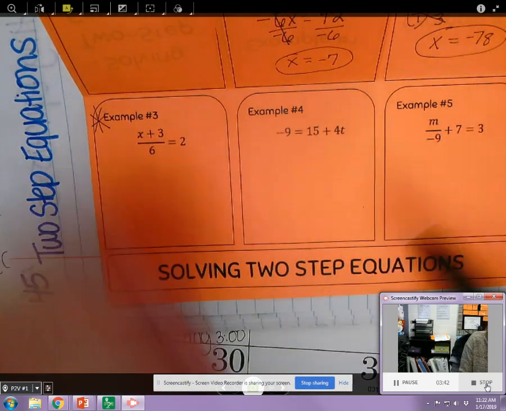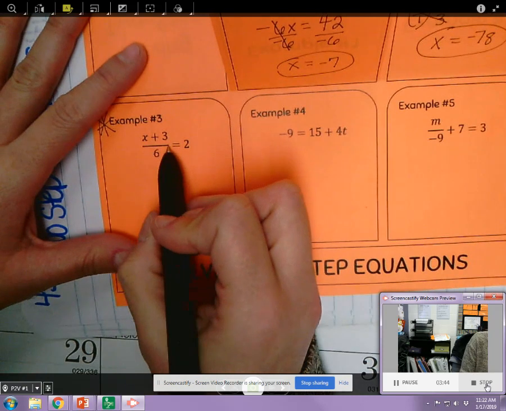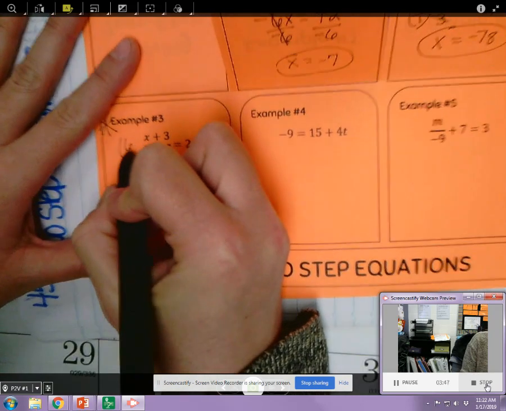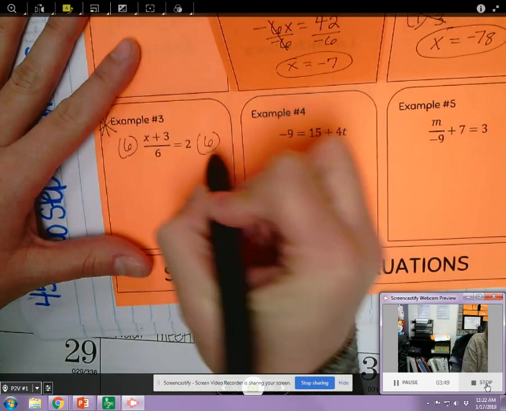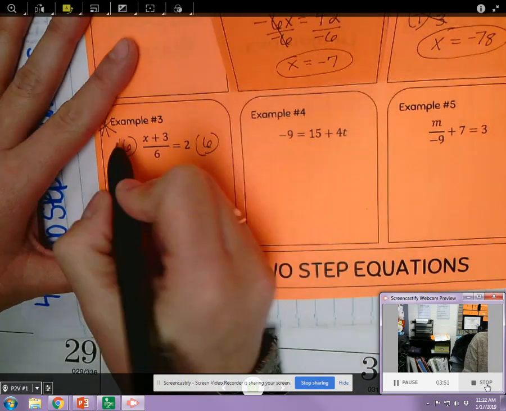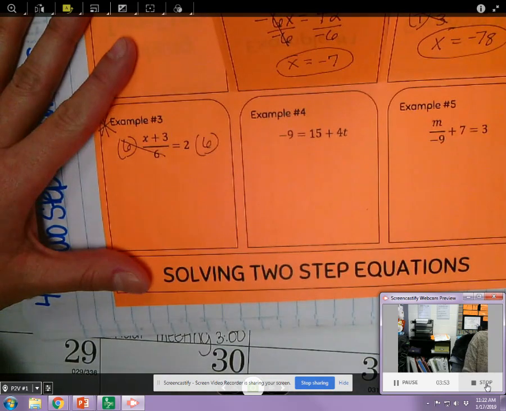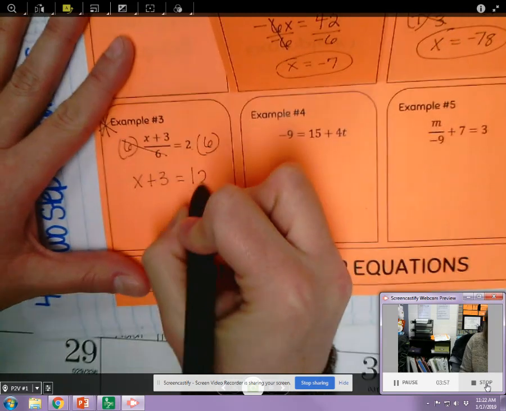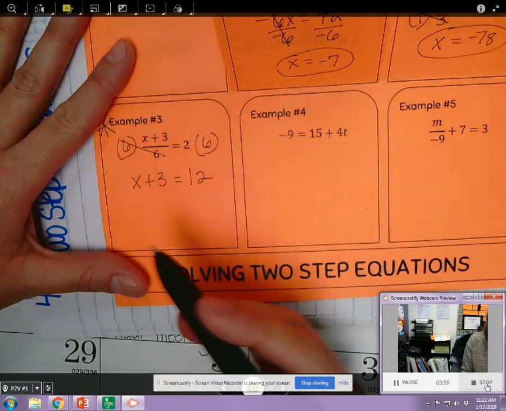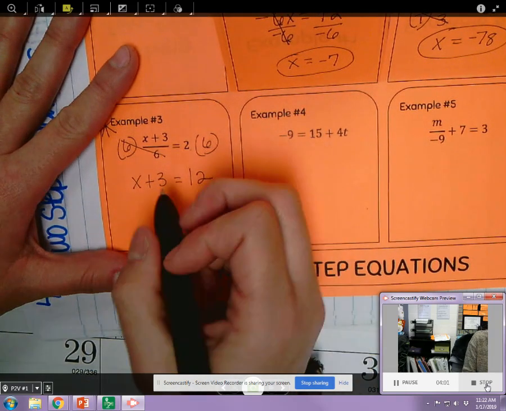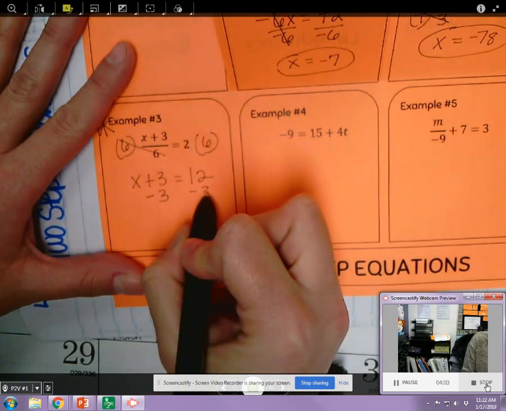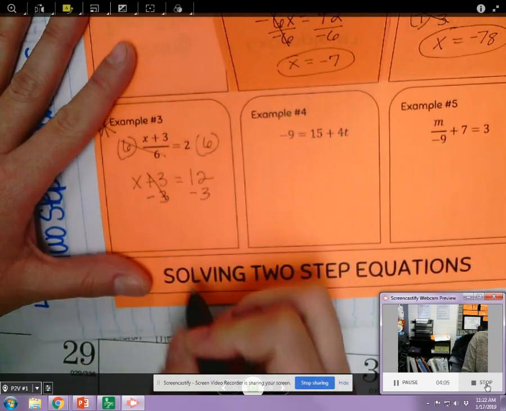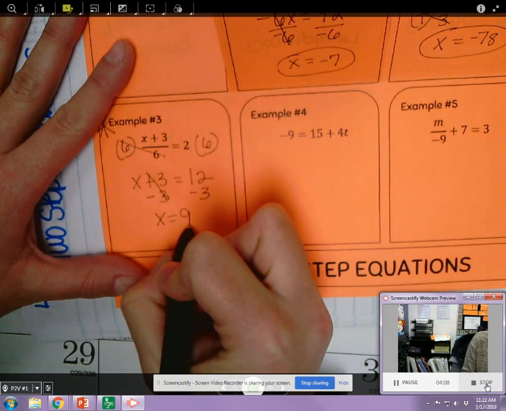The inverse of dividing by 6 is multiplying by 6. So the 6's cancel out, and I have x plus 3 equals 2 times 6, which is 12. Then this is just a one-step addition equation, so we subtract 3. 3 minus 3 is 0, so I have x equals 9.